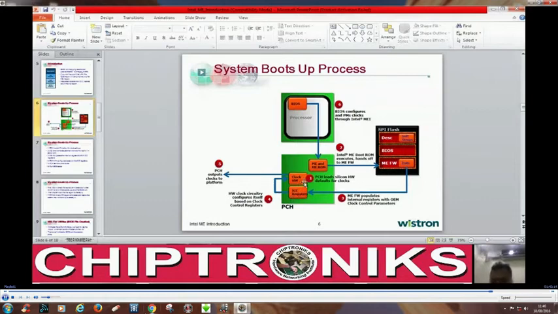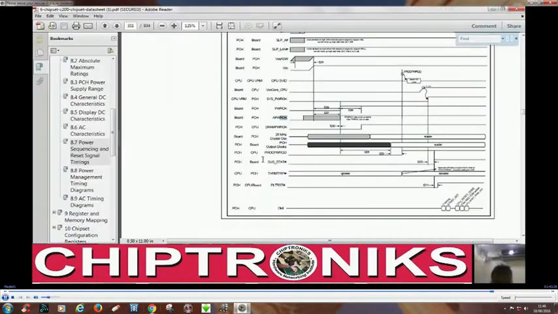Then this data will be shifted to the clock hardware, and hence the PCH will generate clocks to all the motherboard. So you can see how AV is crucial. Let's go to the next page.